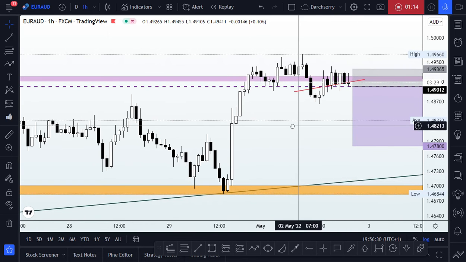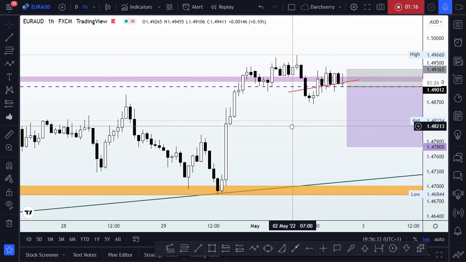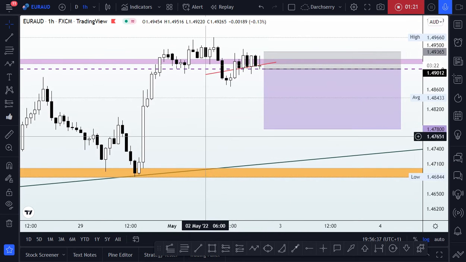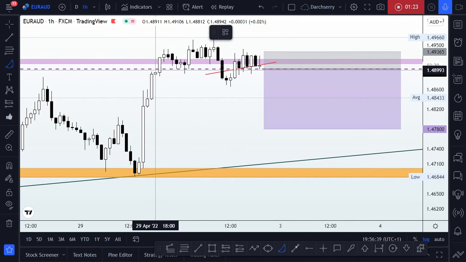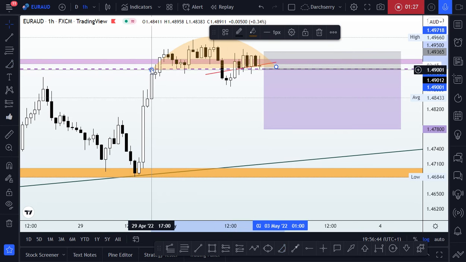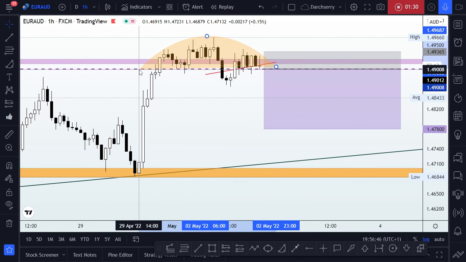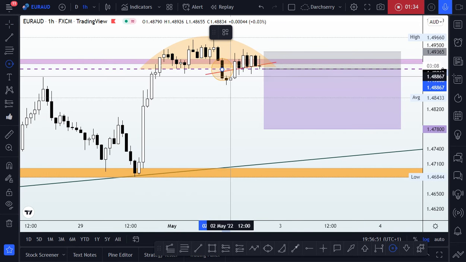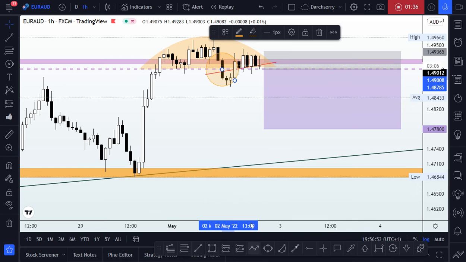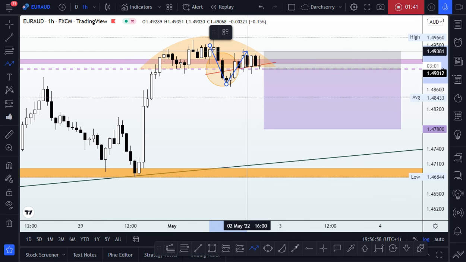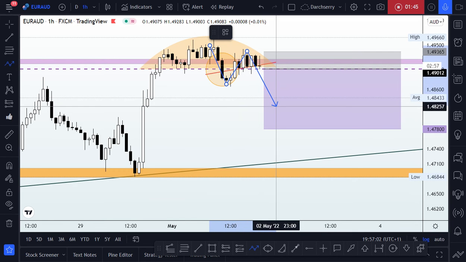If we scroll down to the 1 hour time frame of Euro AUD, what we will notice here is a reversal structure around this area, with a solid breakdown of that structure earlier today, which was later followed by a rejection of the structure, which appears to be giving us a confirmation of a trend continuation to the downside.